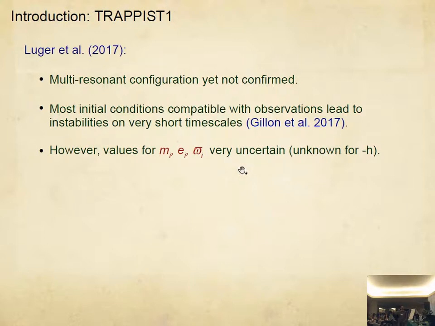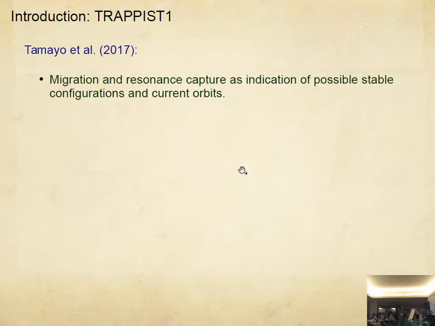When you do numerical simulations with initial conditions compatible with the observations, most of them, practically all of them, are unstable on short timescales. However, as with transit systems, the masses, eccentricities, and longitudes of the node are very uncertain and unknown for planet H, so this is not really surprising. Another way to try to see whether this is actually real is to do planetary migration.